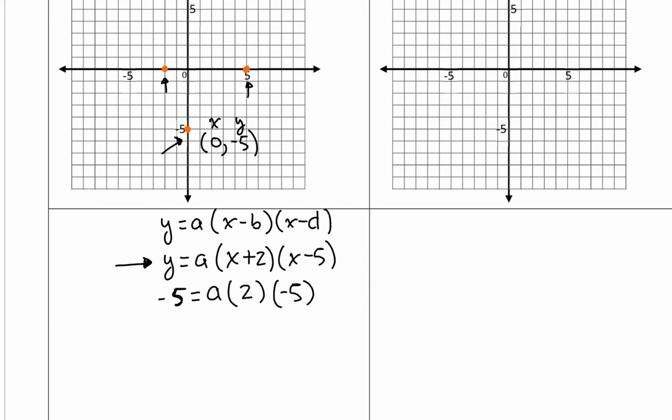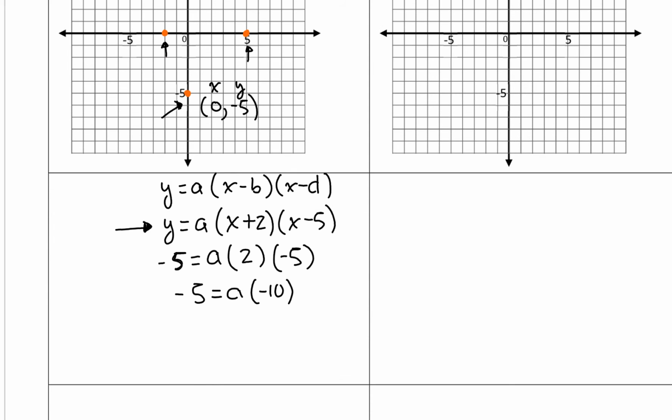So this equation collapses down to -5 equals a times -10. To solve for a, I divide both sides by -10, so a equals -5 divided by -10. Simplified, a is equal to positive 1/2.